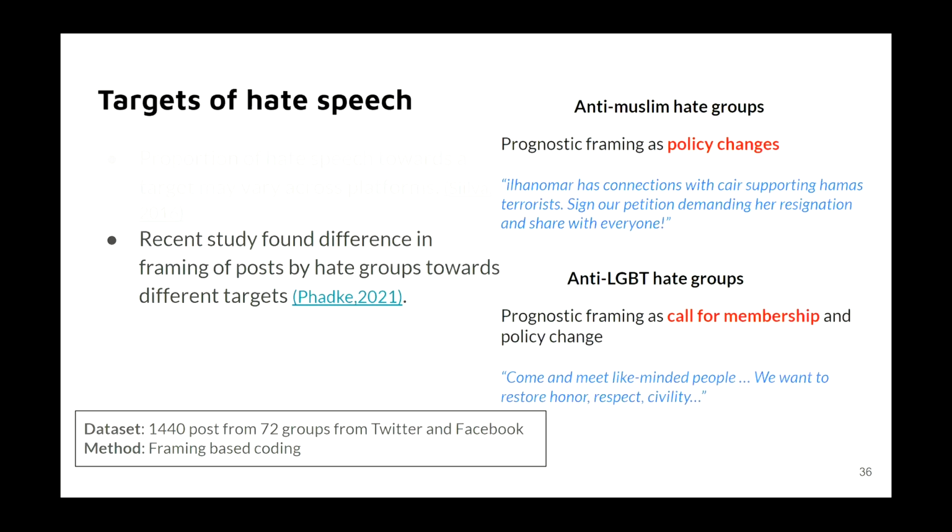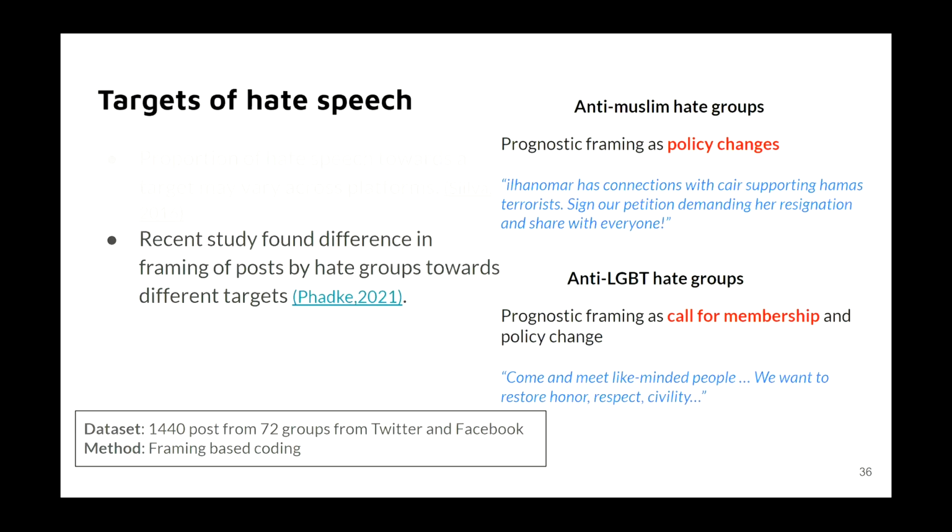For the prognostic part, anti-Muslim hate groups usually suggest policy changes. The policy changes can be in the form of a petition to sign to demand the resignation of someone who is maybe supporting Muslims or something. Similarly for anti-LGBT hate groups, although there are policy changes, one of the other main prognostic framings is a call for membership.